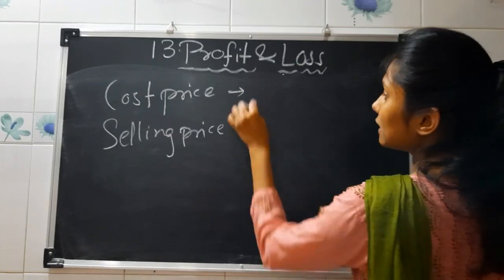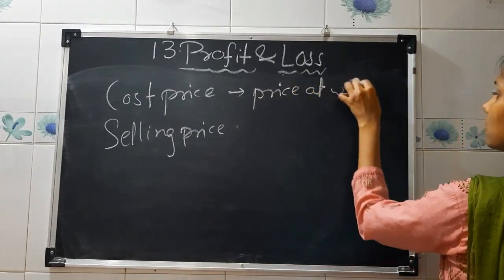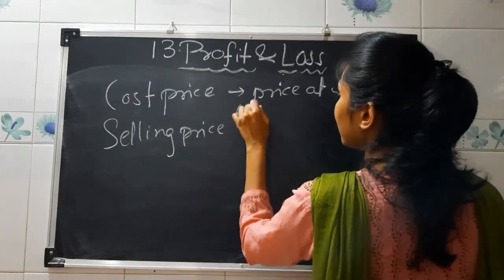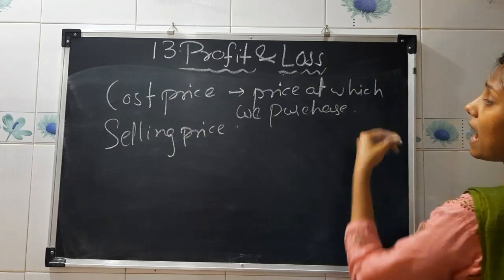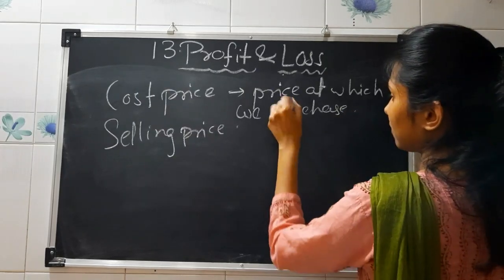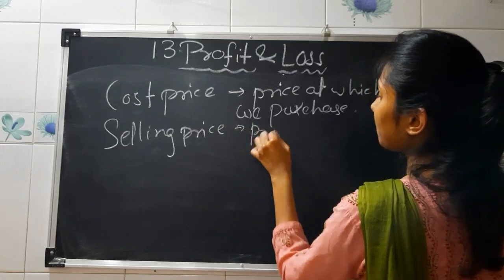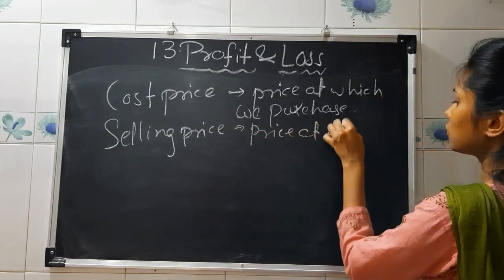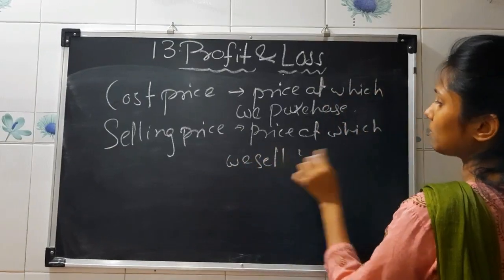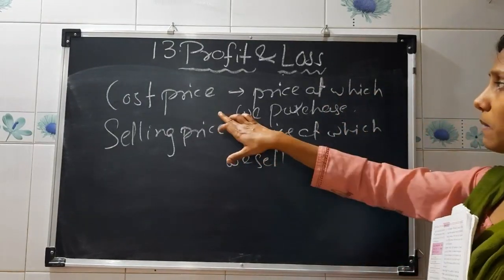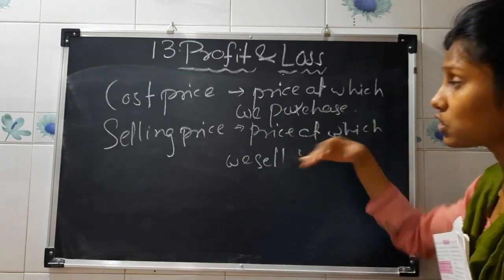Cost price is the price at which we purchase, we buy something, and selling price is the price at which we sell something. Okay, cost price, the price at which we purchase, selling price is the price at which we sell.